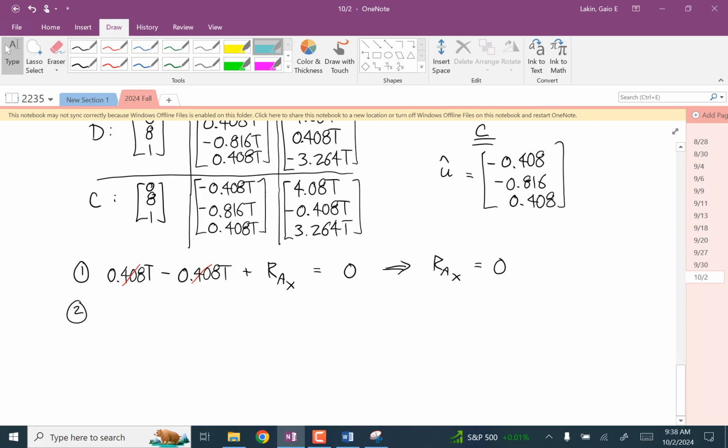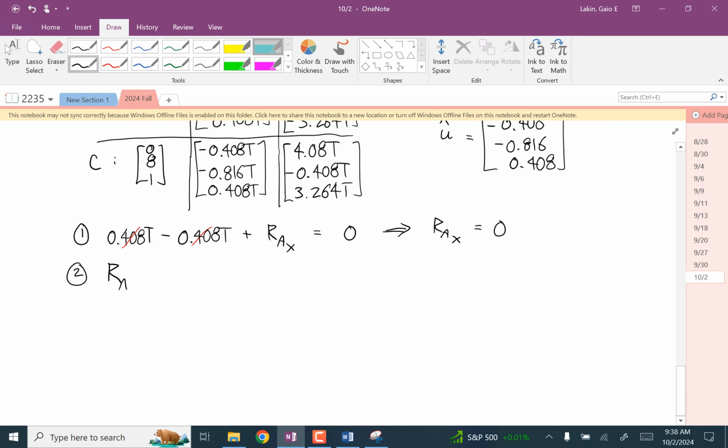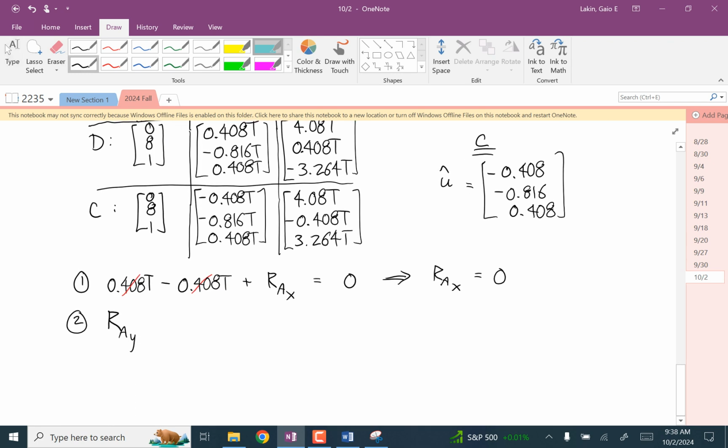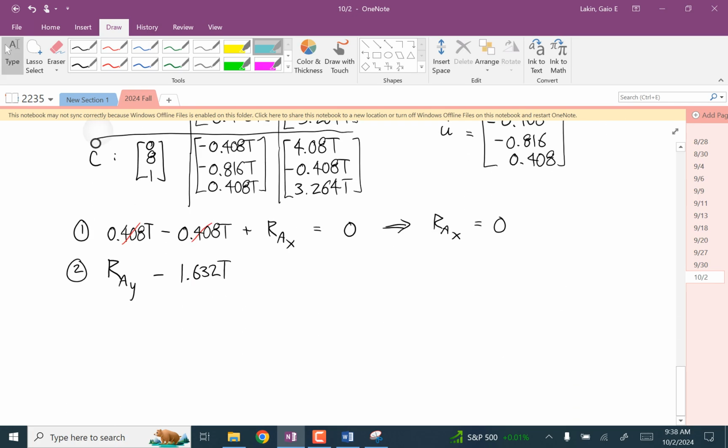The second equation says RAY minus 1.632t is equal to 0.